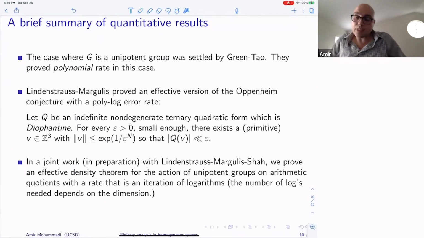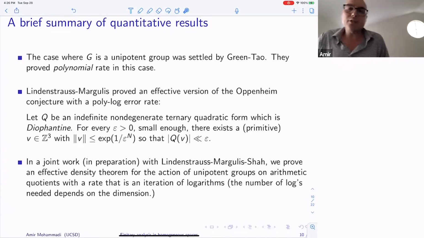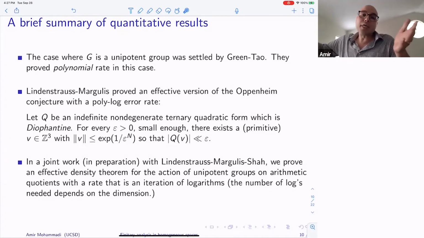This is a special case of what they prove. Suppose you have an indefinite non-degenerate ternary form whose coefficients are algebraic numbers, but the form is not a multiple of an integral form. Then you give me epsilon, and they can find a vector v in Z3 whose norm is not too big, explicit in terms of epsilon, so that Q of v is less than epsilon. The bound is exponential of 1 over some power of epsilon.